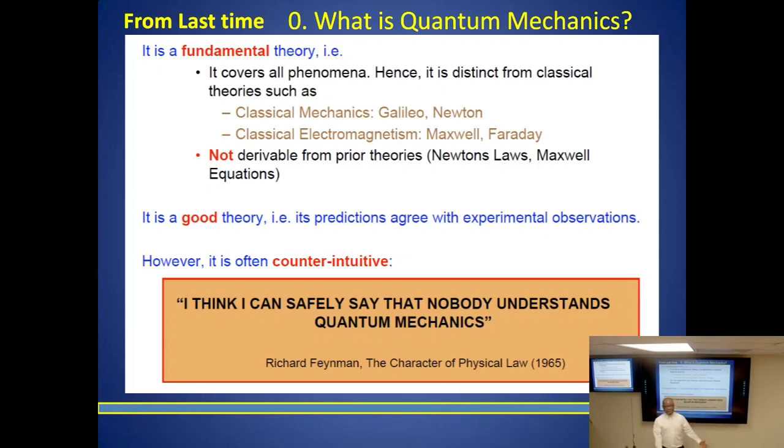But as far as the results of our experiments are concerned, the theory allows us to make sense of the experiment and to also make predictions. Much like, actually, Newtonian mechanics. We will see that today.